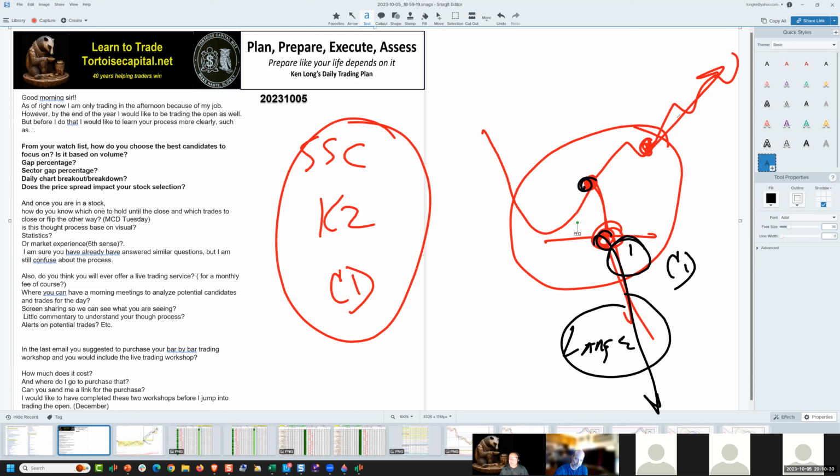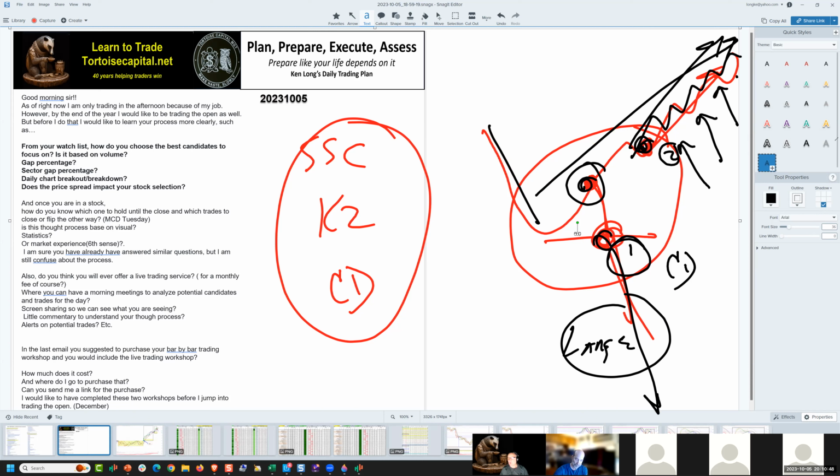But our second favorite pattern is the Kata 2, because you can get 5 to 7 of those in a series. Even if you miss the SSC, you can always, at any time of day, pick up Kata 2s on something that sold off and then has started to reverse. Our third favorite pattern is the SSC, but it's the first one in the series.